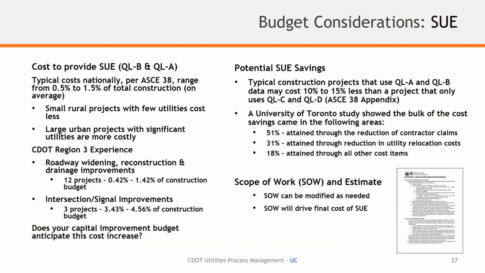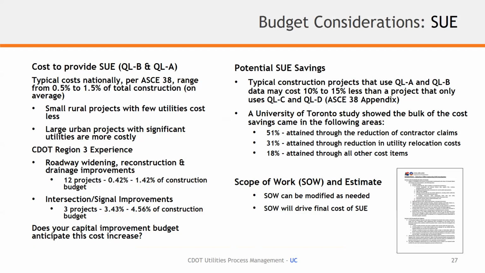So CDOT's Region 3 experience. Joe, you probably know more about this than I do. Yeah, and it's kind of self-explanatory. I mean, for larger projects, they really come within that 0.5% to 1.5% of total construction budget, but it certainly is less of a useful tool when you get to a smaller project or a rural project or an intersection.